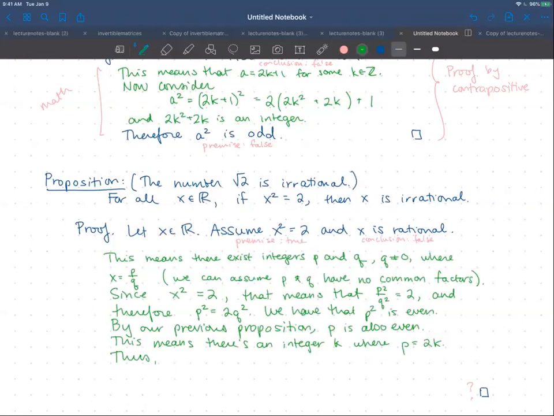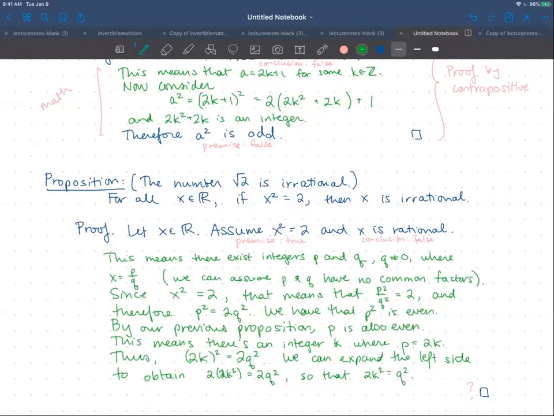Thus, if I substitute that in up above, I've got the quantity 2k squared is equal to 2q squared. And we can expand the left side a little bit to obtain 2 times 2k squared, same trick I used up above, is equal to 2q squared. So that 2 times k squared is equal to q squared.